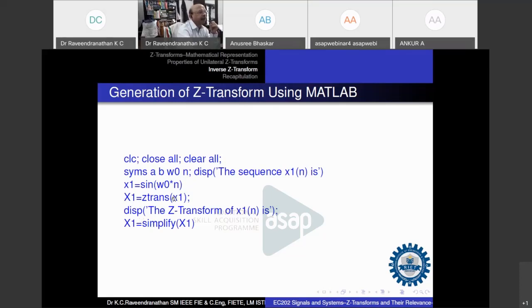And the z transform of that is obtained by, as I said, there is a function in MATLAB which is applicable to symbolic math toolbox also. You write x1, which is the ztrans of x of n, x1, right? Then you display that. This is a simple program. I think we can run this out.